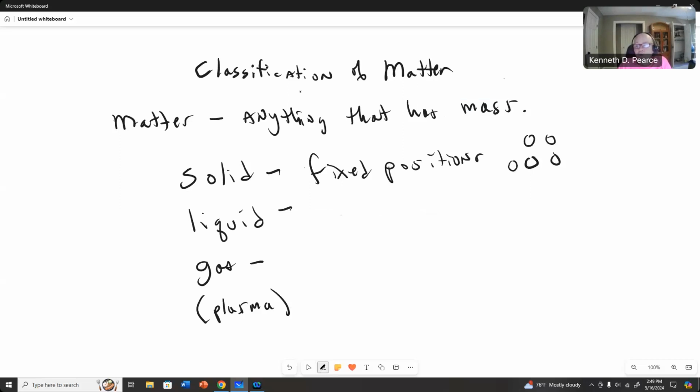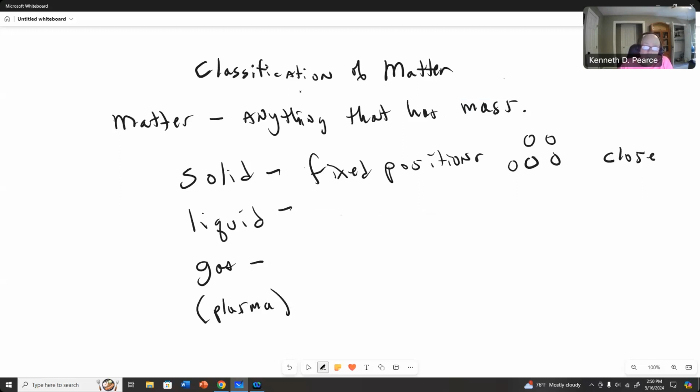They're going to stay put. They're going to stay where they're at. They have fixed positions, and they're very close. Close means that for a solid, it's generally within an atom or two.